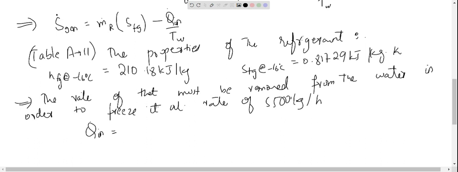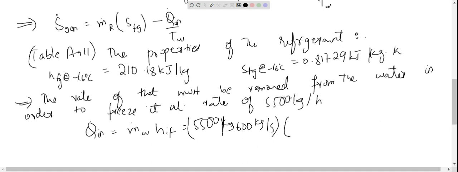So here we use this formula. Putting in the values, we have to convert kg per hour into kg per second, so we divide by 3600, and the hif value is 333.7 kilojoule per kg. So this equals 509.8 kilowatt.